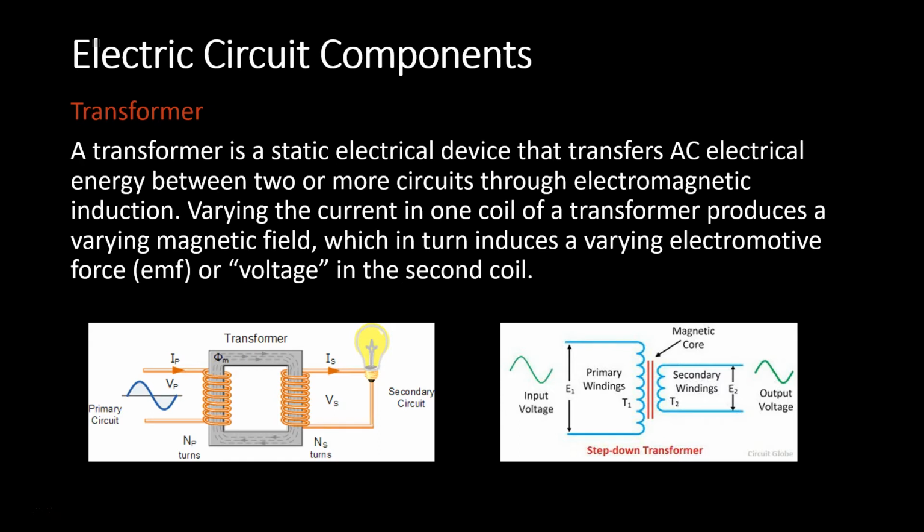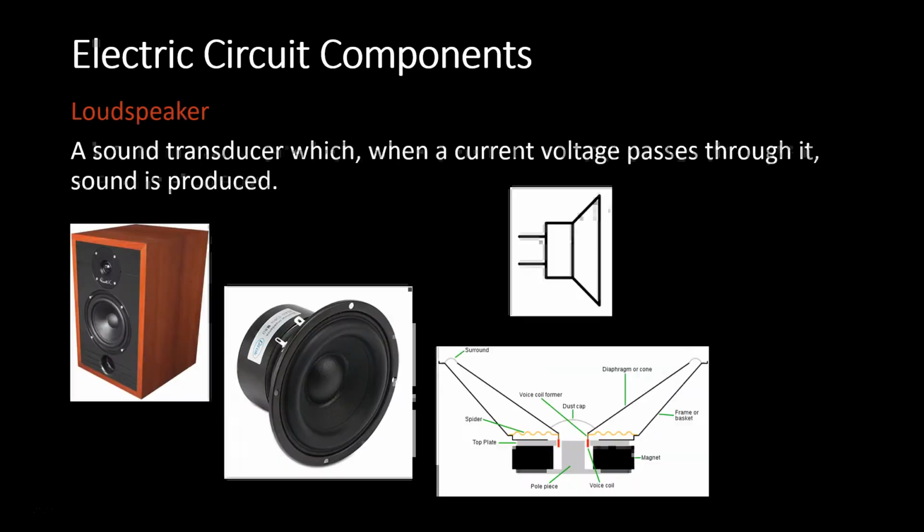So transformers are used to change the voltage between 2 different parts of a circuit. And in the case of the 120 to 12 volts, that would be a step down transformer, and you're going to have a 10-to-1 ratio on the windings. And transformers only work with AC, not DC current.